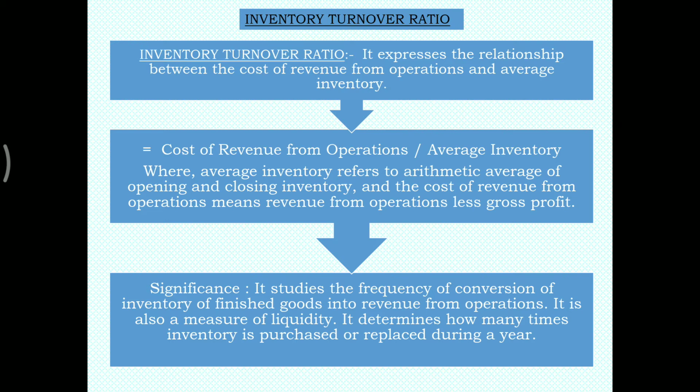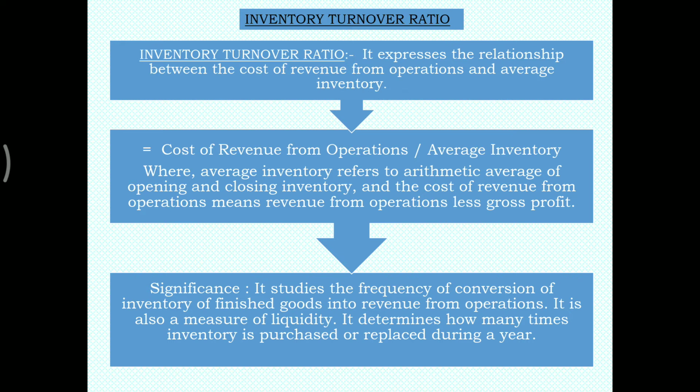The first I told you. A second one, cost of revenue from operation is equal to opening inventory plus net purchase plus direct expenses minus closing inventory. So it can be calculated in two different ways.